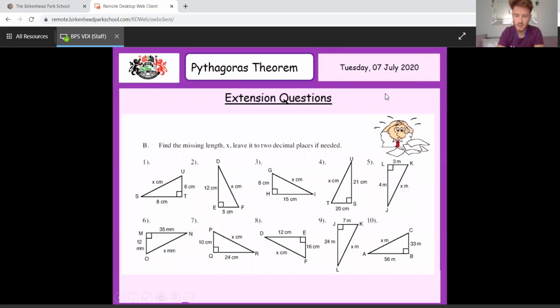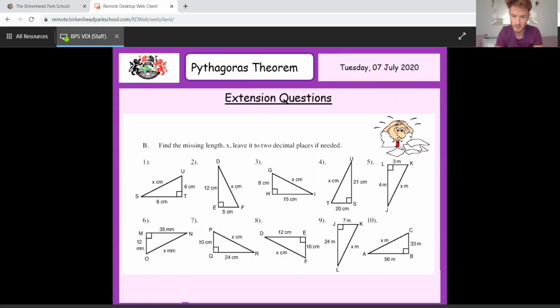And finally, there are some extension questions. I'm not going to put all of the answers to these on. I want you to show me the answers through email, or through pictures to my email, or on a feedback session, sorry, a drop-in. So they're your extension questions for the end of this lesson.